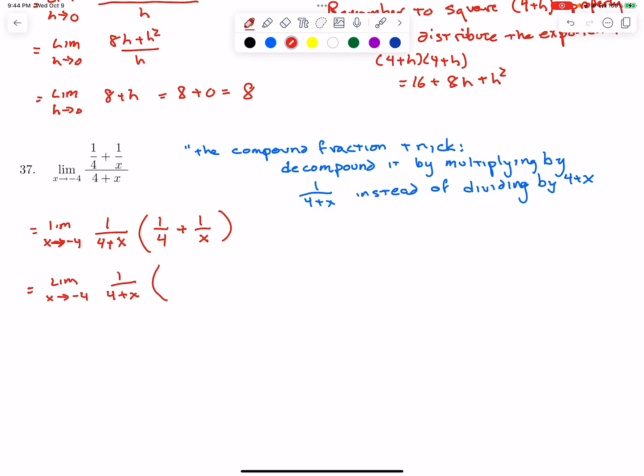Okay, so what do we do with this puppy? The common denominator. Just like on the previous homework. So it's going to be multiply the first fraction by x over x, and the second fraction by 4 over 4. Then write it as a single fraction.